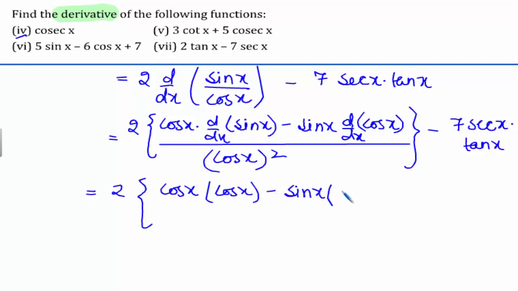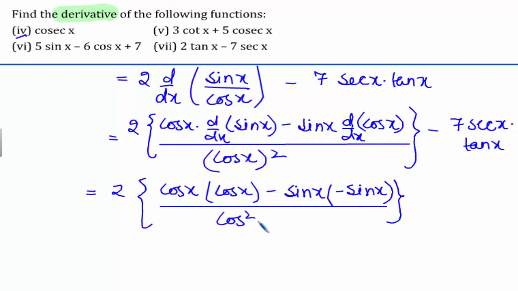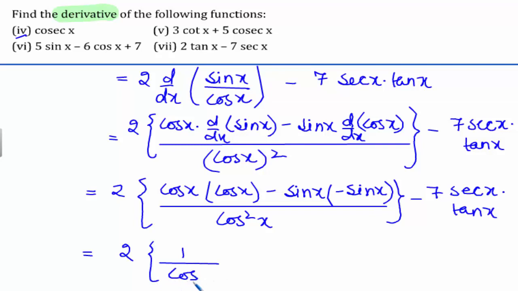Now this is equal to 2 times of cos square x plus sin square x, which is equal to 1. So we have 1 divided by cos square x minus 7 times of sec x into tan x. This is further equal to 2 times of, 1 upon cos x is sec x, therefore we have sec square x minus 7 times of sec x into tan x.